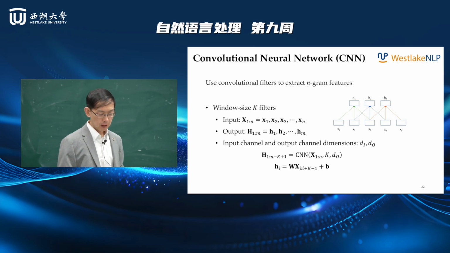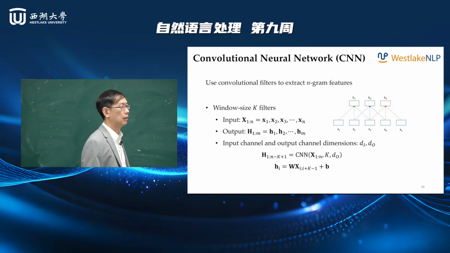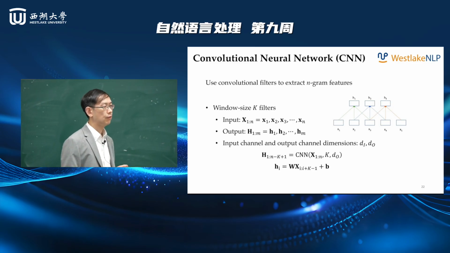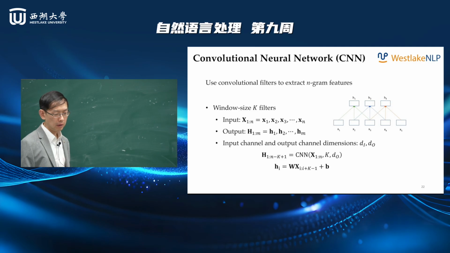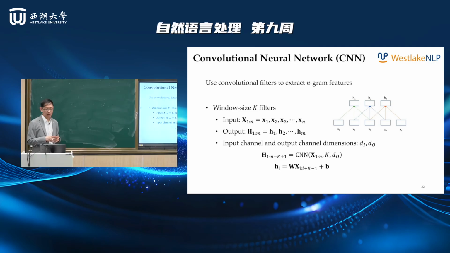And then this H integrates information over the k-gram it covers. So how does this xi to xi plus k minus 1 work? It works just like for n-gram language modeling.